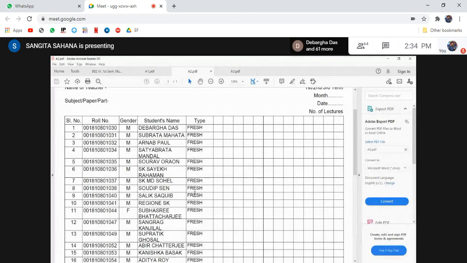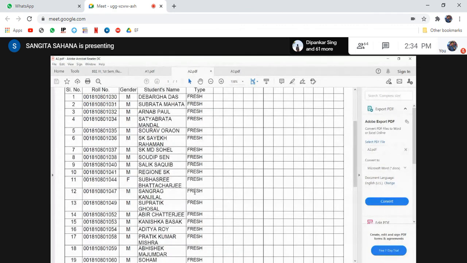Present, ma'am. 31 Subroto Mahato. Present, ma'am. 32 Arnav. Yes, ma'am. 34. Present, ma'am. 35 Saurabh Orao. 36 Shaikh Rahman. 37 Sohel.